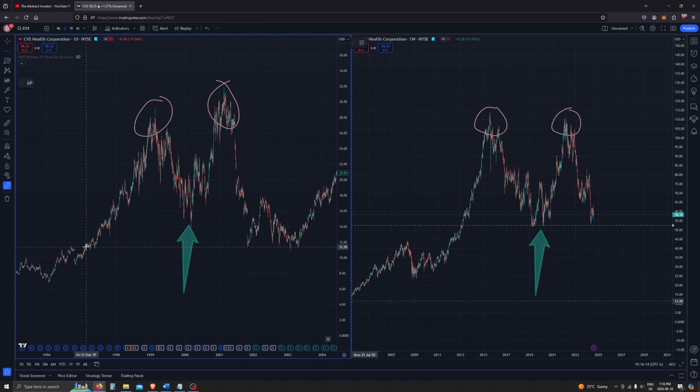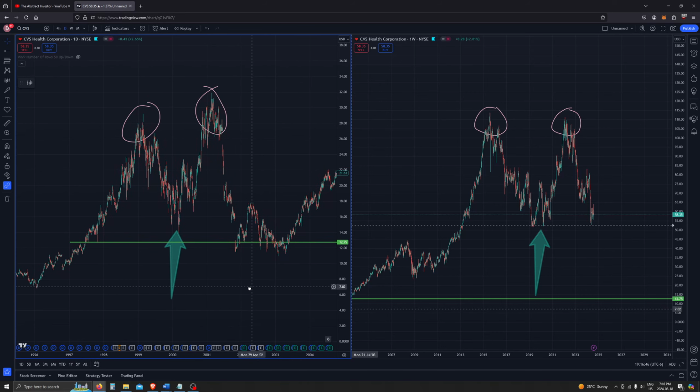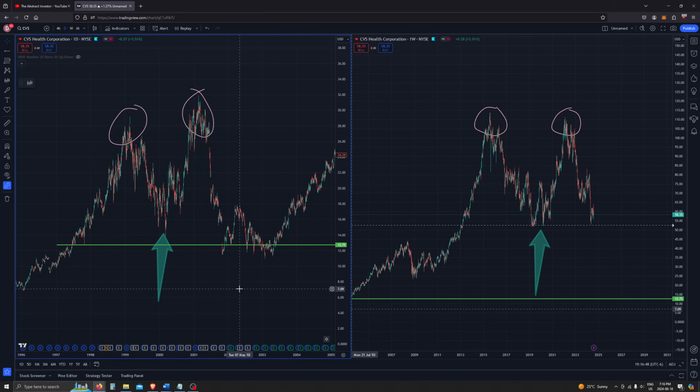I never try to capture the exact lows on any of this because I think you're potentially losing out on the opportunity to invest in a company at a great price by trying to bottom fish the exact bottom. So I don't try to do it. I just try to get somewhere close to what I think might be the bottom, and then I hold those positions and let them ride. So for this one, that's kind of there.